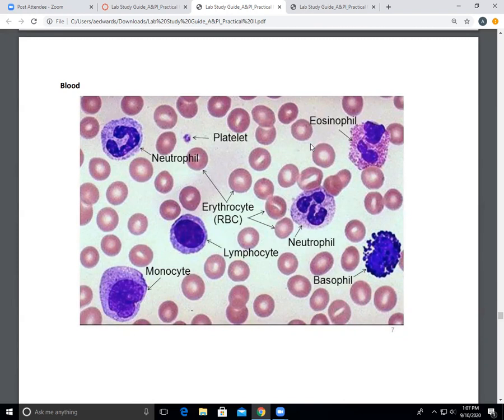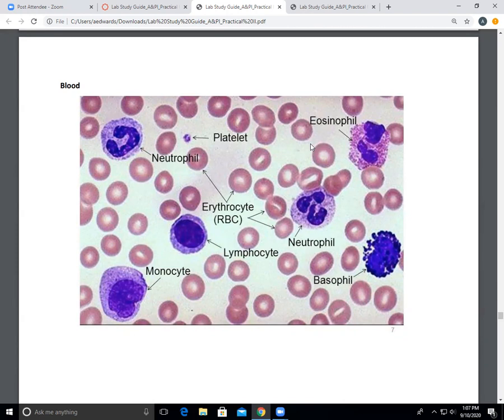Here's fluid connective tissue. The first type of fluid connective tissue is blood. Lots of different blood cells, right?